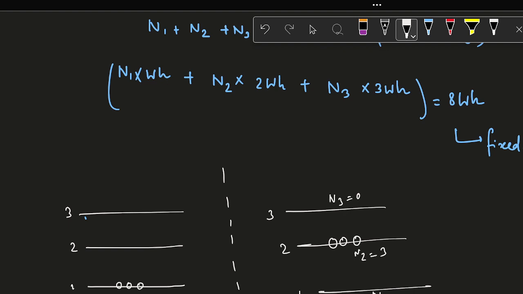In that case, the total potential energy will be, because on the second step each person has 2 Wh potential energy, for 3 people 3 times 2 Wh, that means 6 Wh. So this is the other configuration. Let us mark our configurations: this is configuration A, this is configuration B.